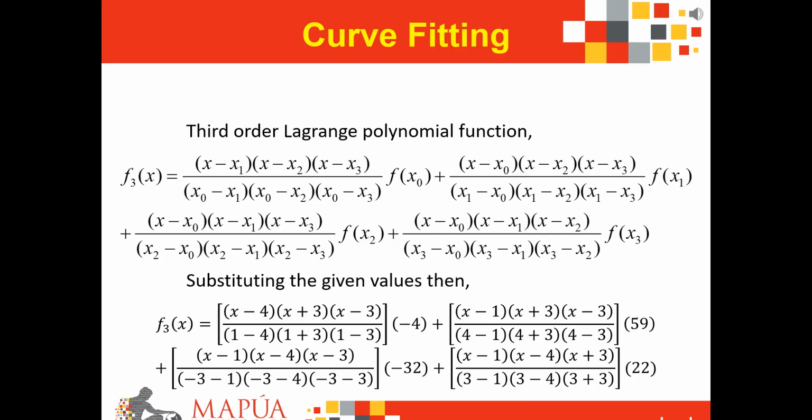Note that your respective denominators on your given particular Lagrange terms are all numeric values. Therefore, you could simplify that and multiply that by your function value. Whereas the numerators will all be polynomial functions that are in the third order.